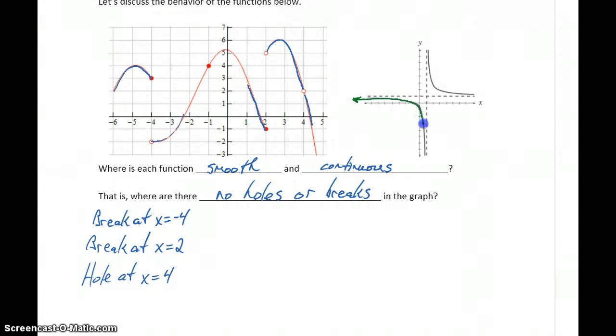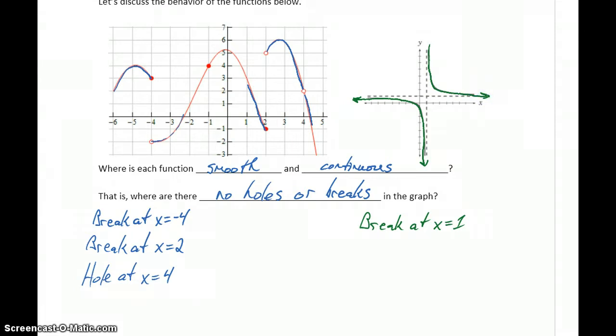We don't have to pick up our pencil until we get to this break, this vertical asymptote. In this case, we would have a break at x equals 1. And then on the other side of x equals 1, we could pick this graph up and continue tracing it, just keep going and going on to positive infinity.